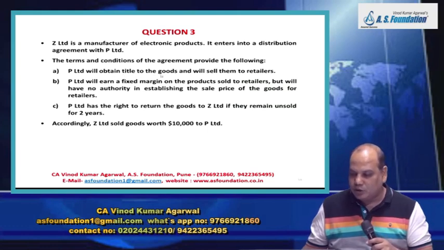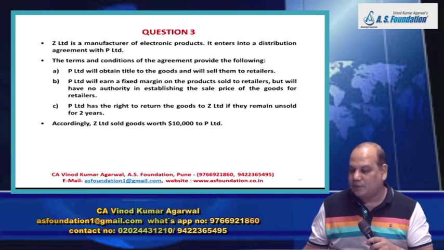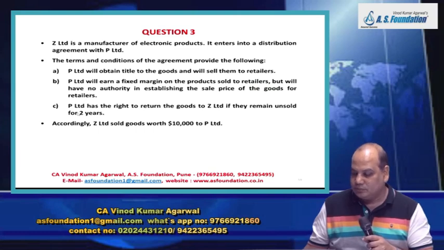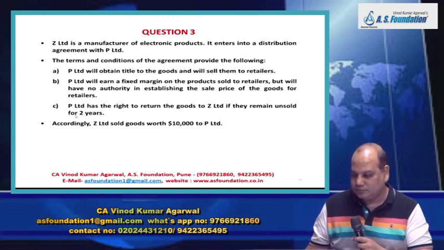P Limited will obtain the title to the goods and will sell them to retailers. P Limited will earn a fixed margin on the product sold to retailers, but will have no authority in establishing the selling price of the goods for the retailers.